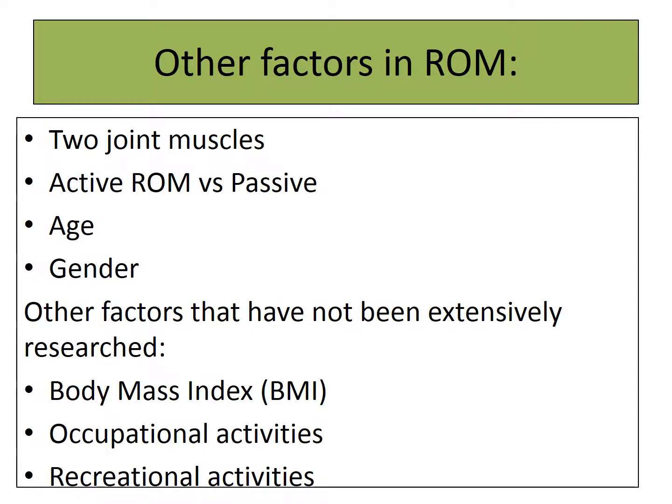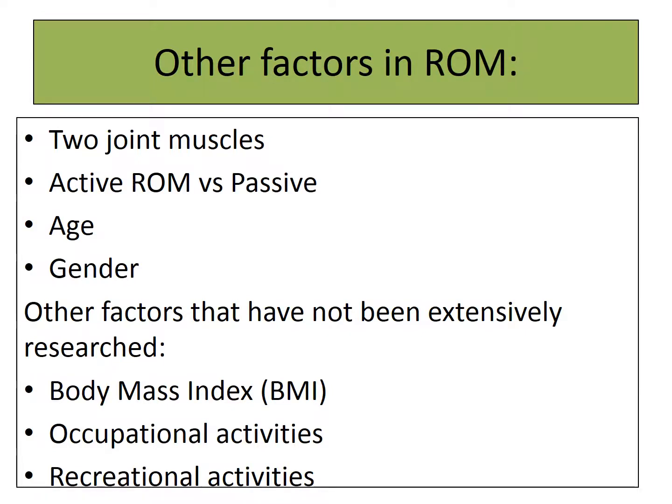You can also see just differences in having less passively than they do actively and have it be normal. I'm saying that in reverse, excuse me, that if someone's putting a stretch on you, you might be able to go a little more passively than you can actively.